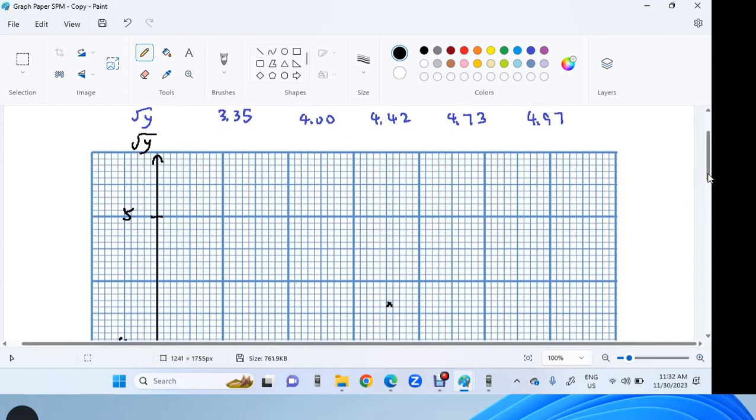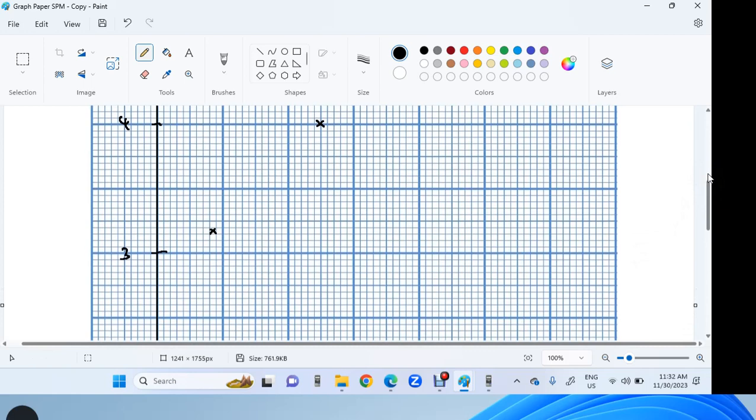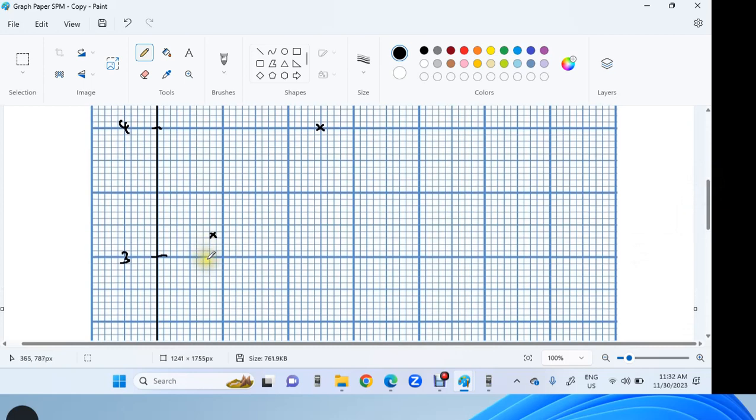Okay, 3.35. So this one I made a mistake already. 3.1, 3.2, 3.3. Okay, 3.35 should be somewhere here.